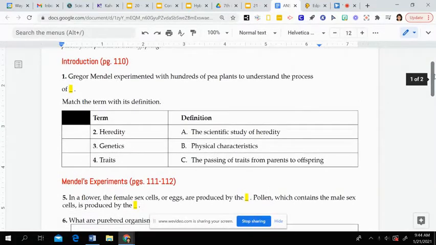So for the introduction, Gregor Mendel experimented with hundreds of pea plants to understand the process of heredity. Genetics is considered the scientific study of heredity.